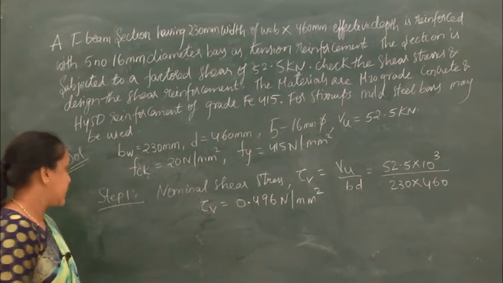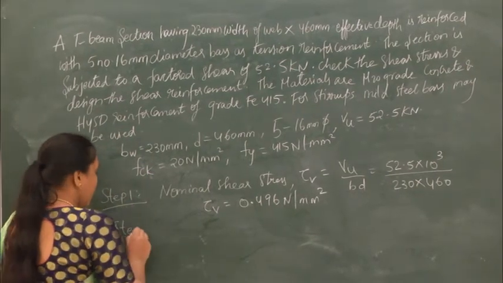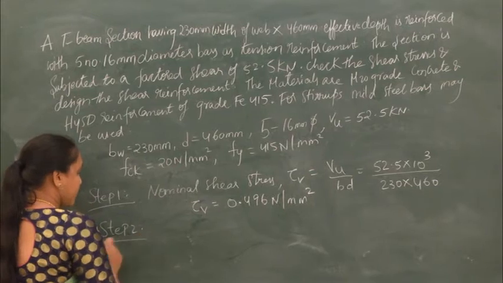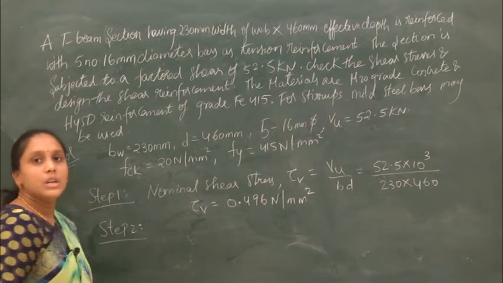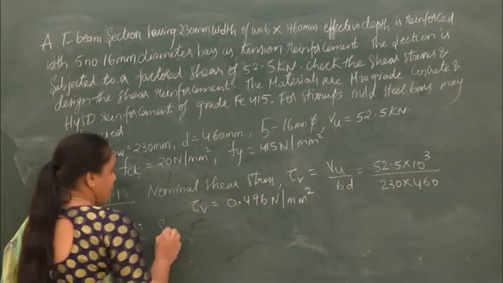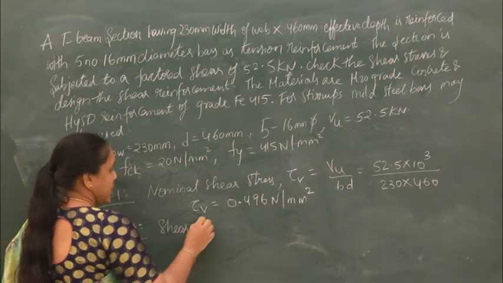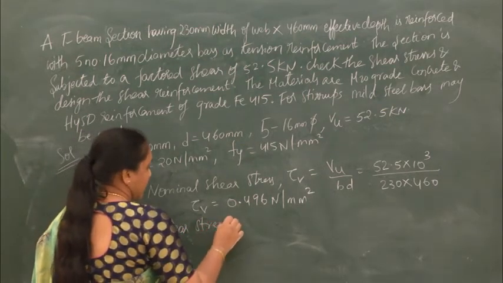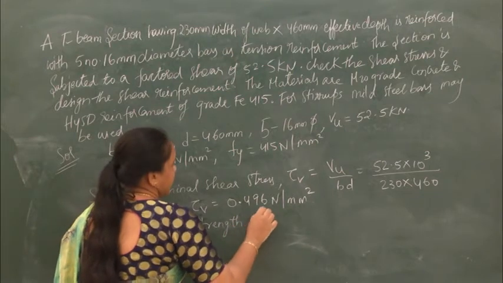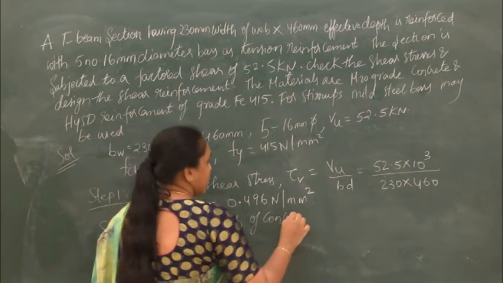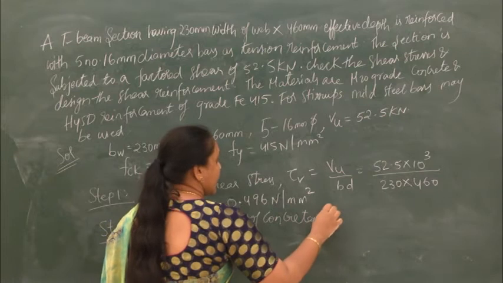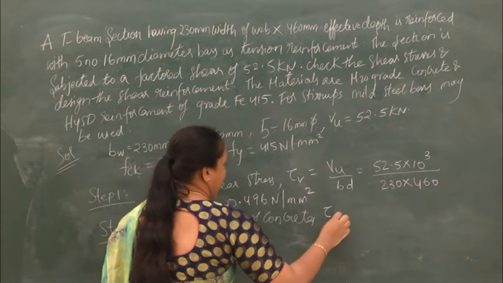So what is the next step? We have to calculate the shear strength of the concrete. That is, we have to calculate the tau c value.